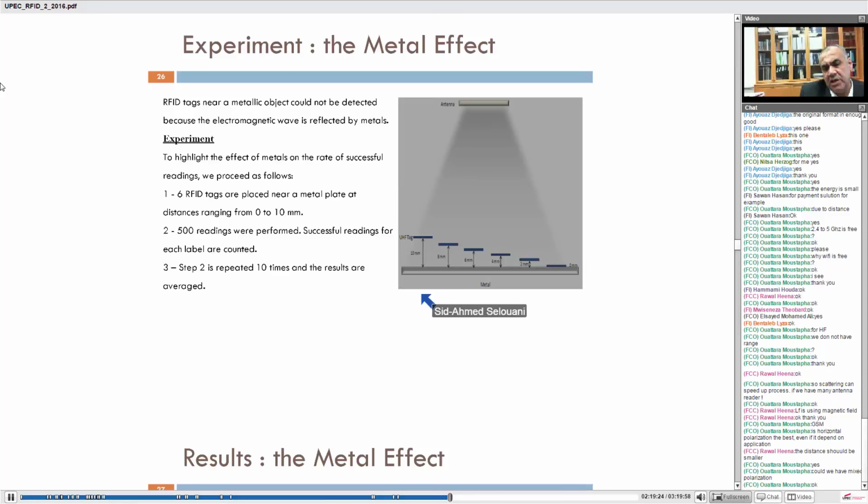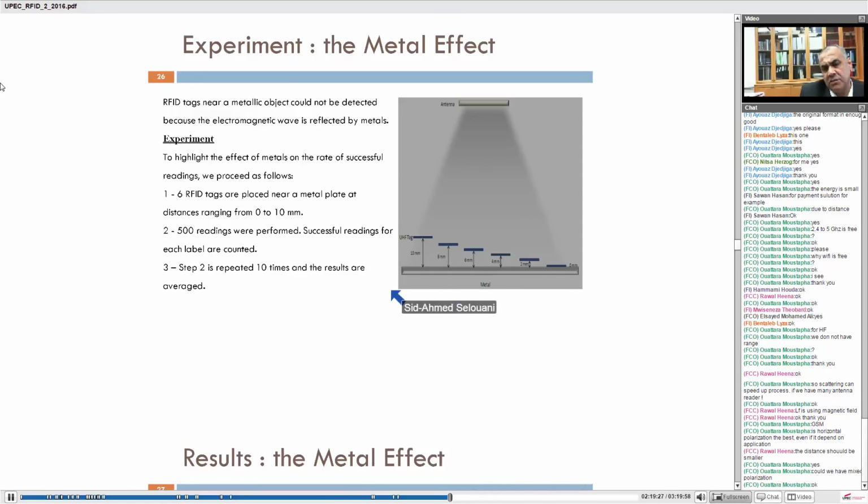So we have done this type of experiment in our lab, and we put RFID tags here at different distances, and we perform reading with the antenna here and the reader. We put UHF RFID, and we have a metallic support here, and we perform multiple readings in order to see how it reacts. The RFID tag near a metallic object could not be detected because the electromagnetic wave is reflected by metals.